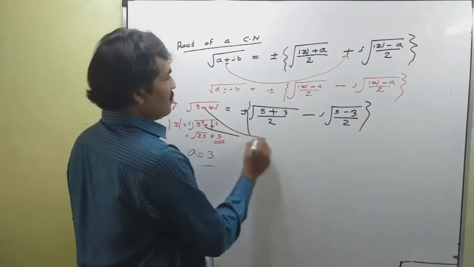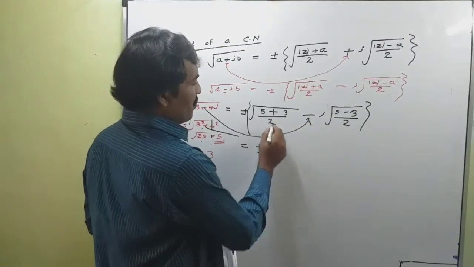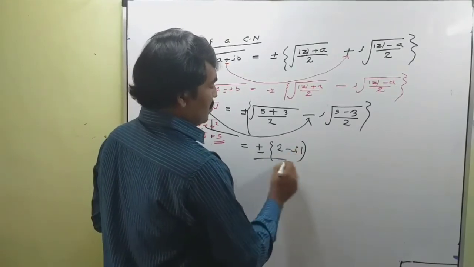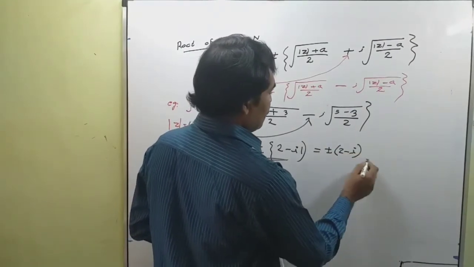That is equal to plus or minus (2 minus i). So the answer is plus or minus (2 minus i).